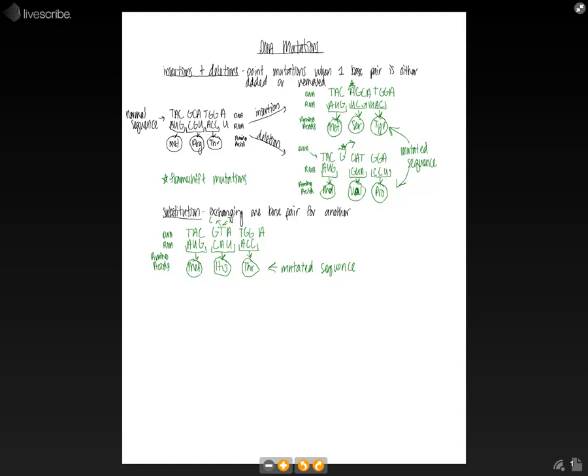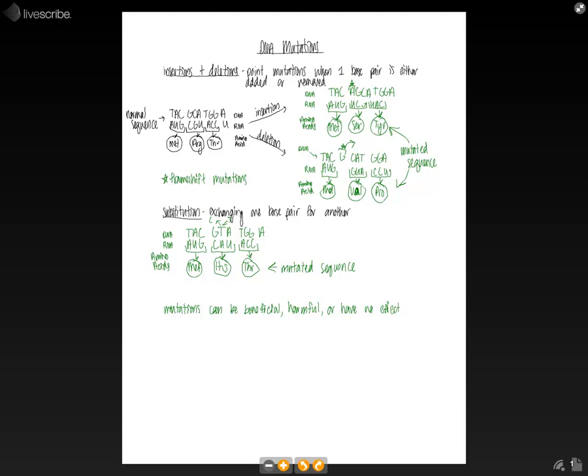And so these genes get passed to all the cells, and sometimes the mutations can be beneficial. Other times, a lot of times, they're going to be harmful, or they can have no effect.